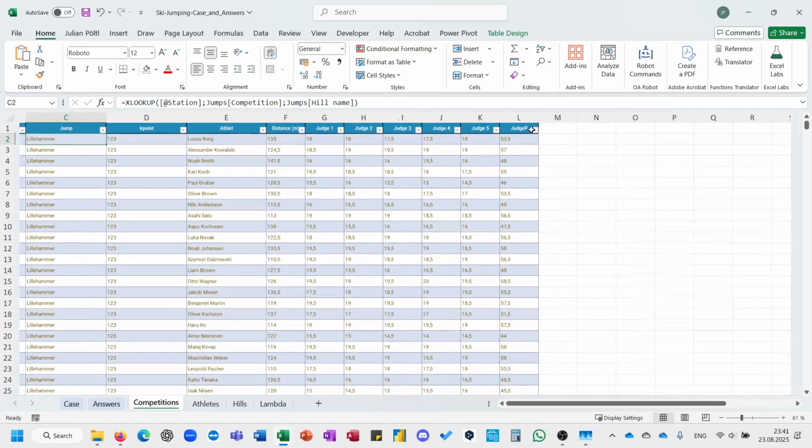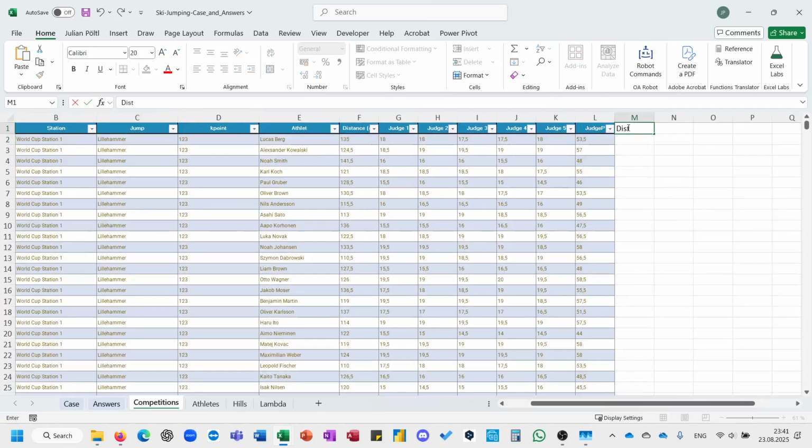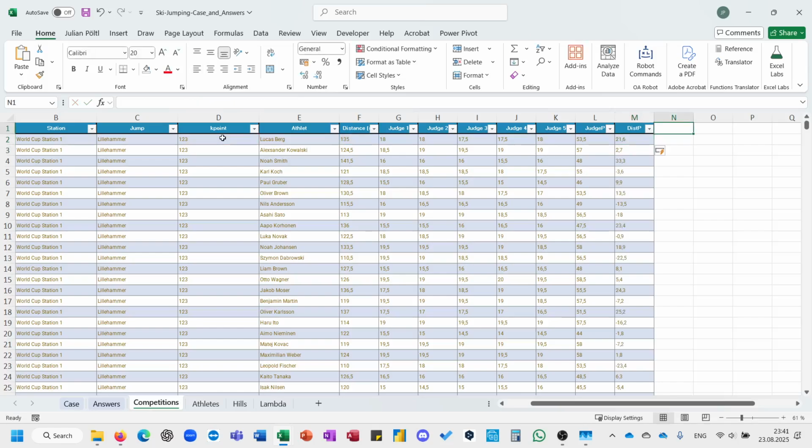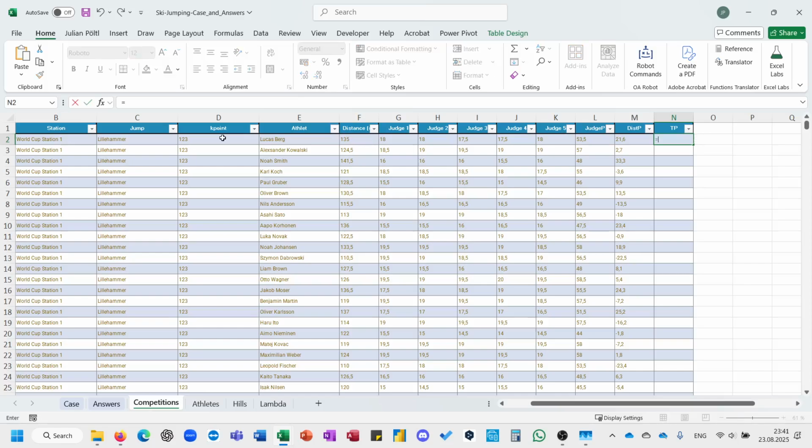Now, this P equals, I need to do this in brackets, the distance jumped minus the K point multiplied with 1.8, and total points equals judge points plus distance points.